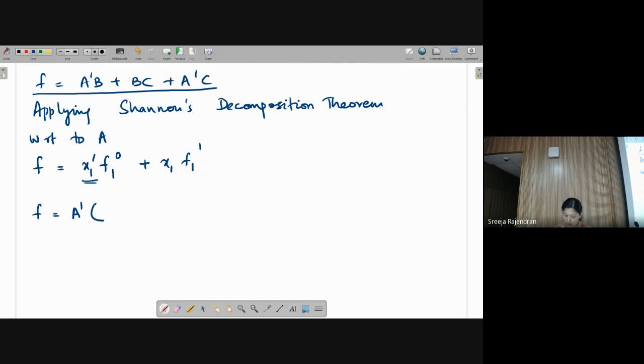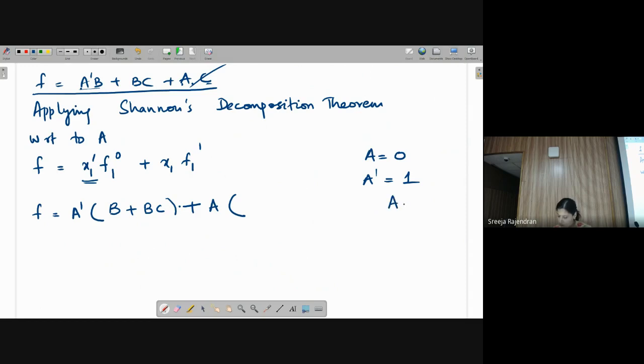If a is 0, a bar is 1, so the first term becomes b plus bc. Wait, the term with a goes off, because when a is 0 the last term is 0. Yes or no? For this particular case.